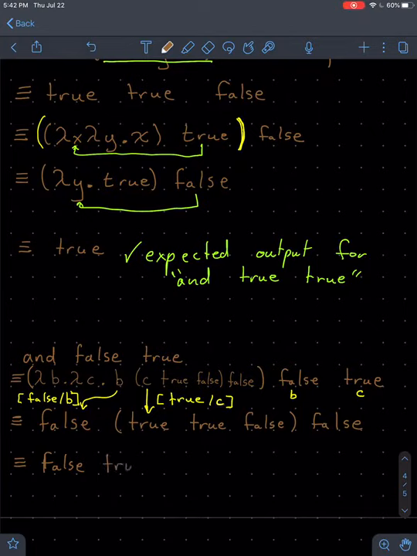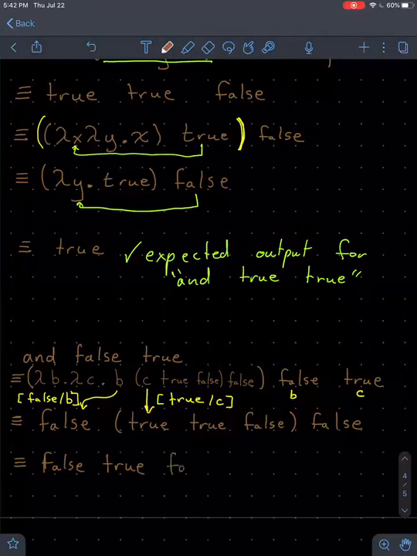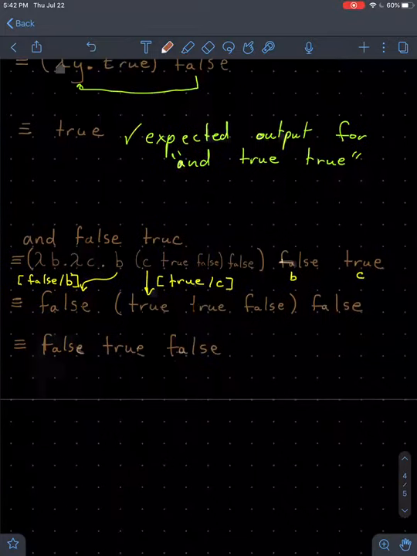So we could get true here, and that's because this true selects its first argument, which is true. So we could do that reduction. You don't even have to do this reduction. We could actually go straight to an answer, because false, true, false is going to select the second argument, which is false. And that's a solution. So right on. Good work, everybody. So we're catching on to this. I like this.